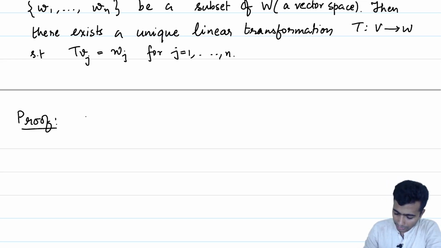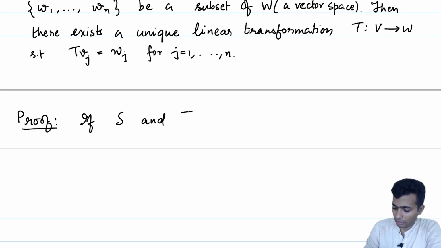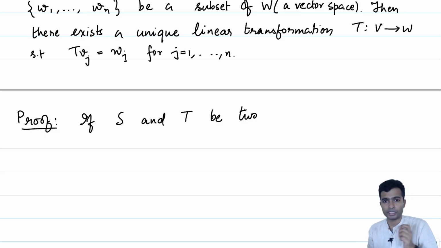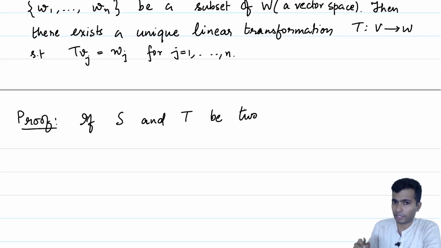So let S and T be two linear transformations. Of course, we don't even know whether there is even one linear transformation. We will come to that in a moment. But before that, let's look at the hypothetical situation where we take hold of two linear transformations which map Vj to Wj, and then we will show that S and T should necessarily be the same.